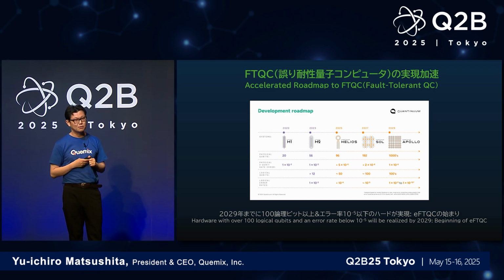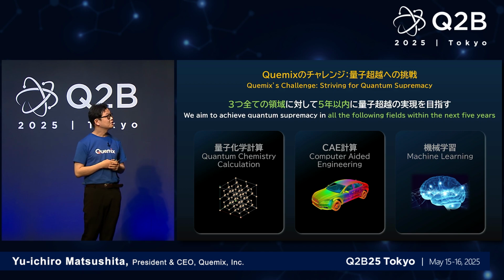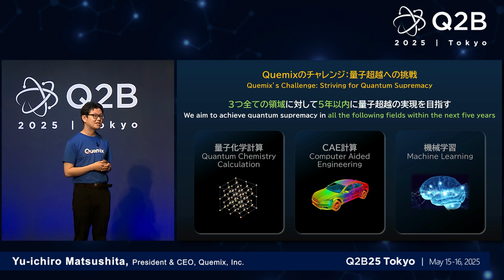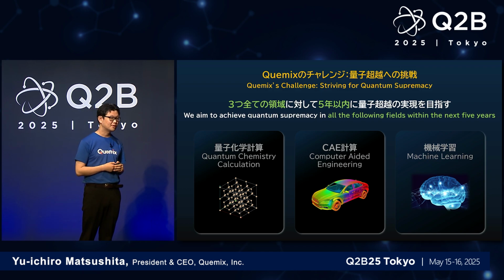We have come up with many important challenges, but here they are. First, summarized at the top, is striving for quantum supremacy. We aim to achieve quantum supremacy in all of the three following areas within the next 5 years. So I would like to talk about what kind of scheme and what kind of technology we would like to use to achieve this goal.